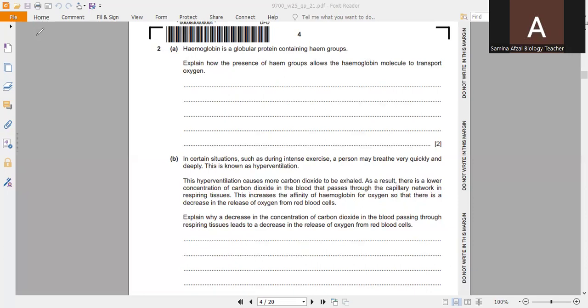After too much explanation, because the answer is too long, we have to write it shortly in the given space. So: hemoglobin consists of four chains having heme groups.